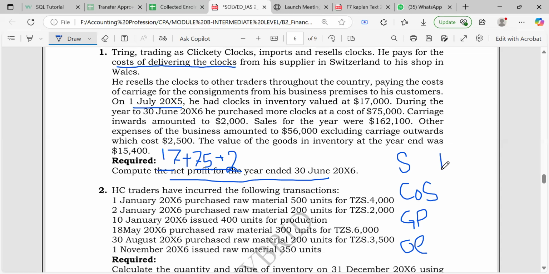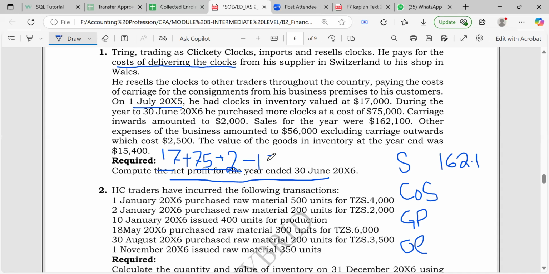Sales for the year were 162,100. Other expenses of the business amounted to 56,000, excluding carriage outwards, which cost 2,500. These are just the other expenses apart from carriage outwards. The value of the goods in inventory at the year end was 15,400.